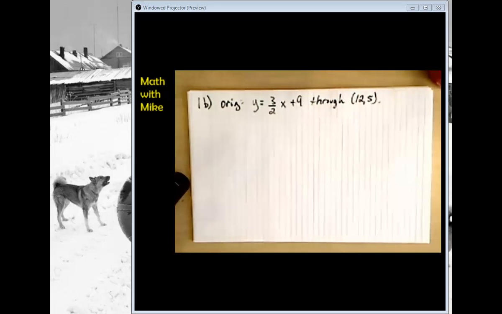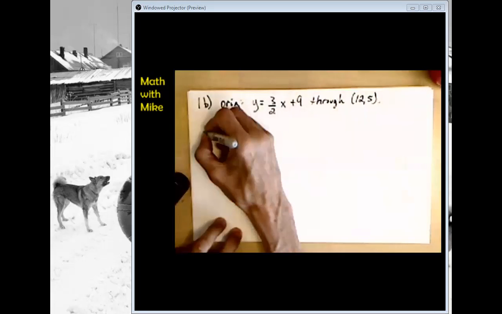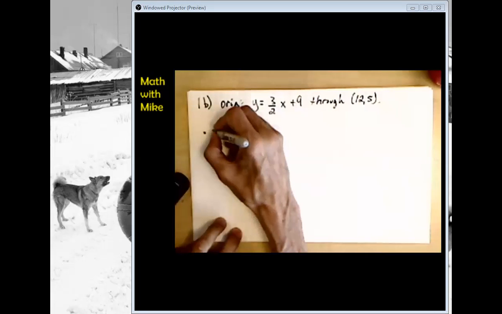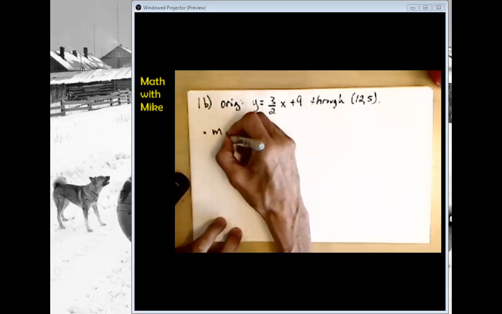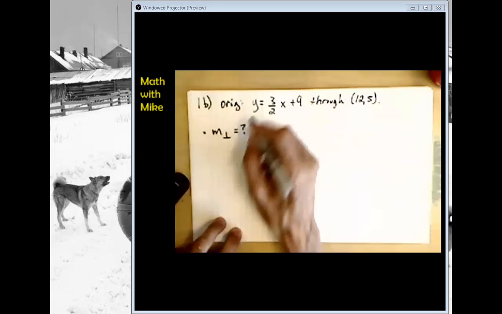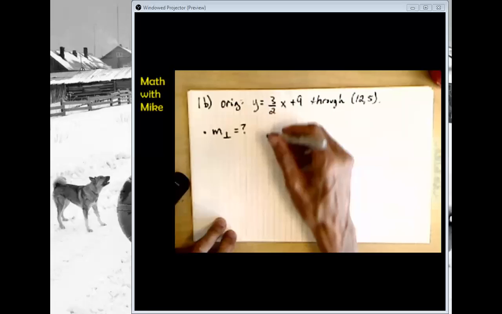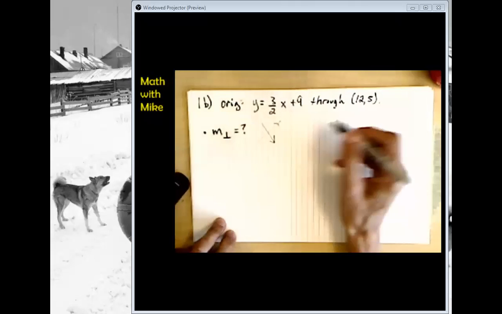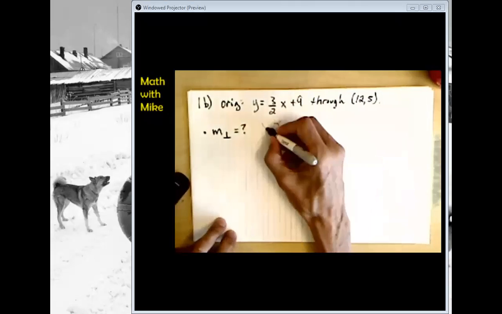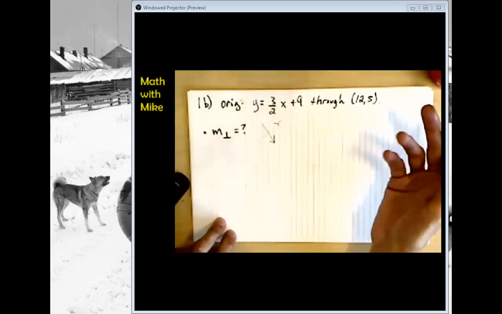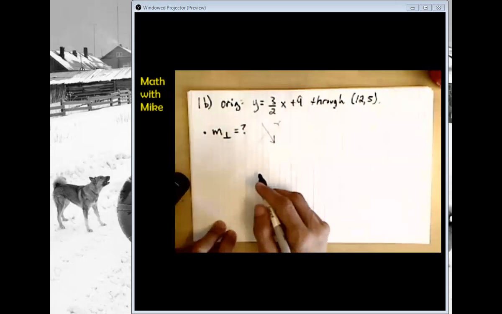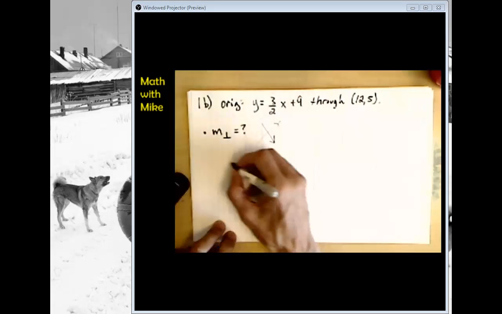Okay, so we talked about the slope first. That's the symbol for perpendicular slope. This means the lines will cross like this at 90 degrees. That's what that means. You said how to do it. Put it upside down, first of all.